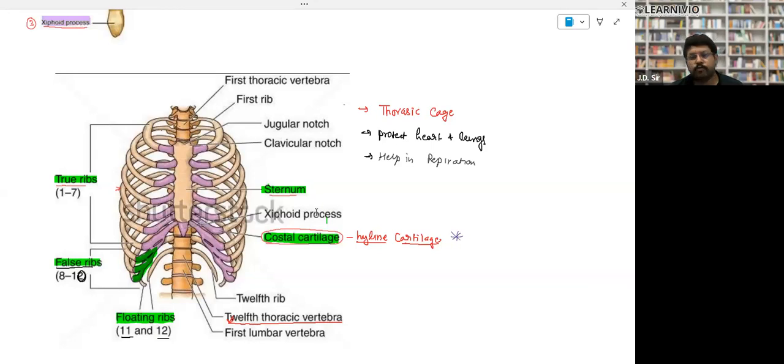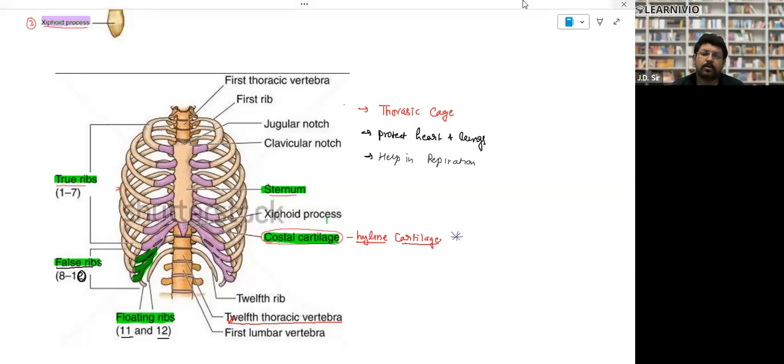If it is clear, then I will move ahead. Clear? Aisha and Rabia, tell me please.